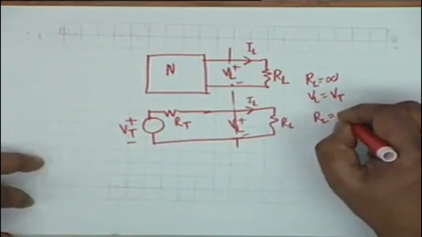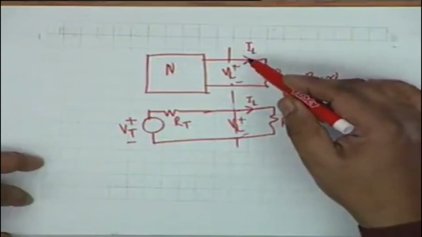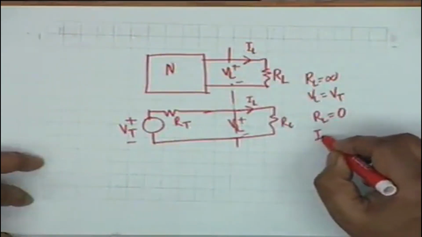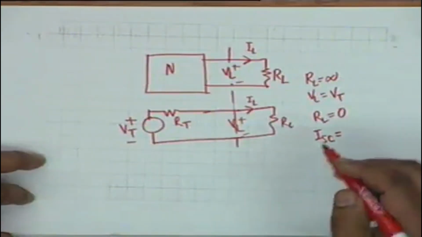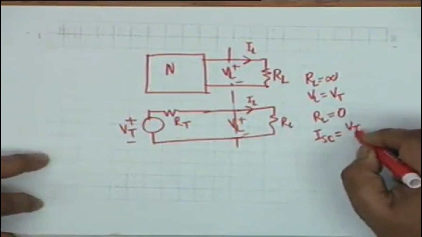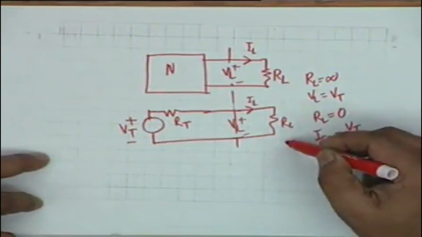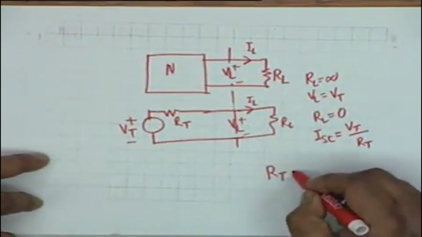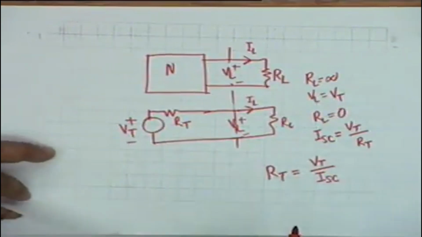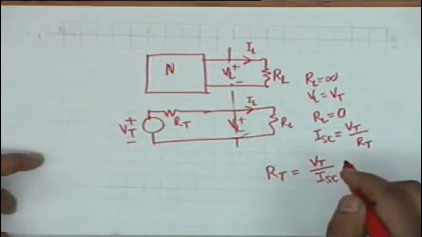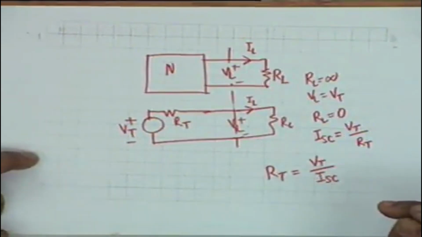If RL is 0, that is, if this is short circuited, then the current in the original network is ISC, and in the Thevenin equivalent, what is the current? It is VT divided by RT, because RL is 0, and therefore RT is simply equal to VT divided by ISC. All right, this checks with our interpretation of RT.